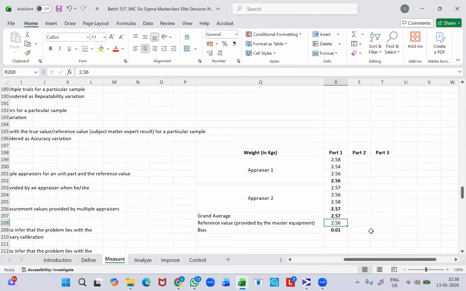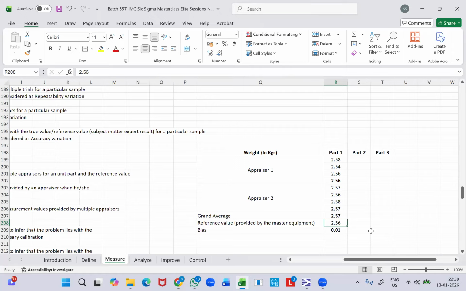So we need to go to the central laboratory and have the sample unit measured by that master equipment, which will obviously be handled by a master appraiser, right? That value provided by the master equipment will be considered as the reference value or the true value. Just like how you would consider the time displayed by all these electronic gadgets as the true value or the reference value.